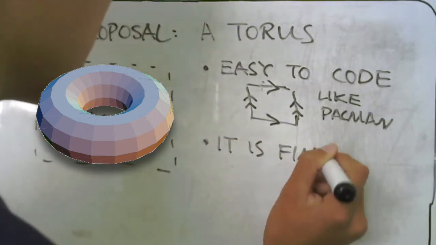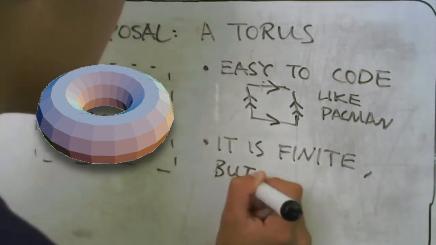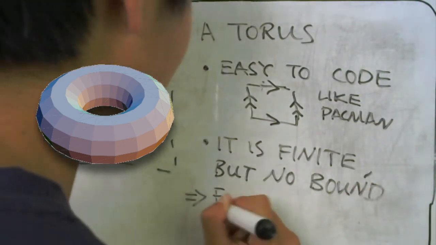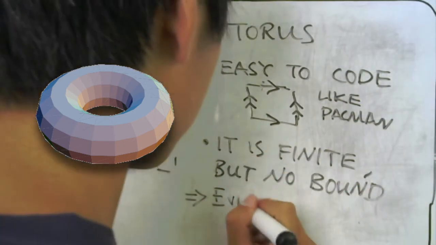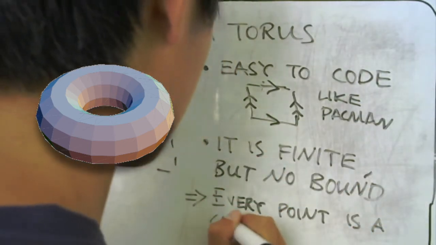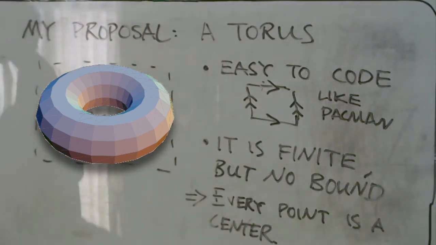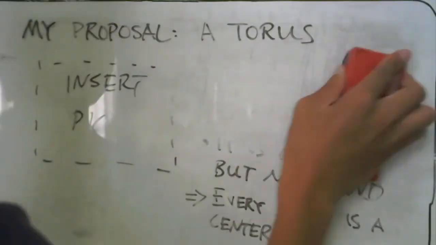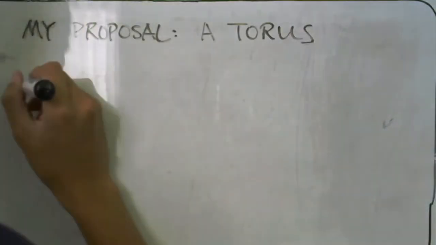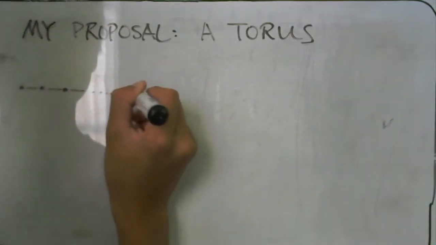A torus is special because it is finite, the area is finite, but has no bound, which means that every point on a torus could be thought of as a center, fitting Borges' criterion. And the way that I'm going to make a torus is first start with every cars n.